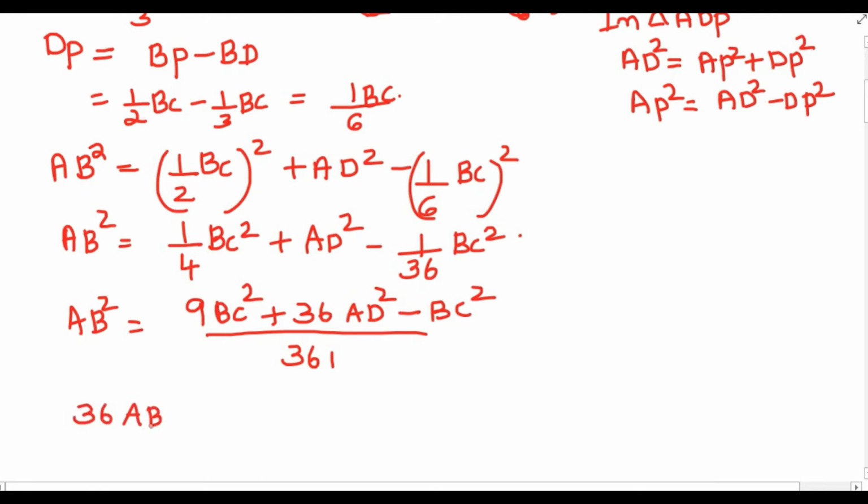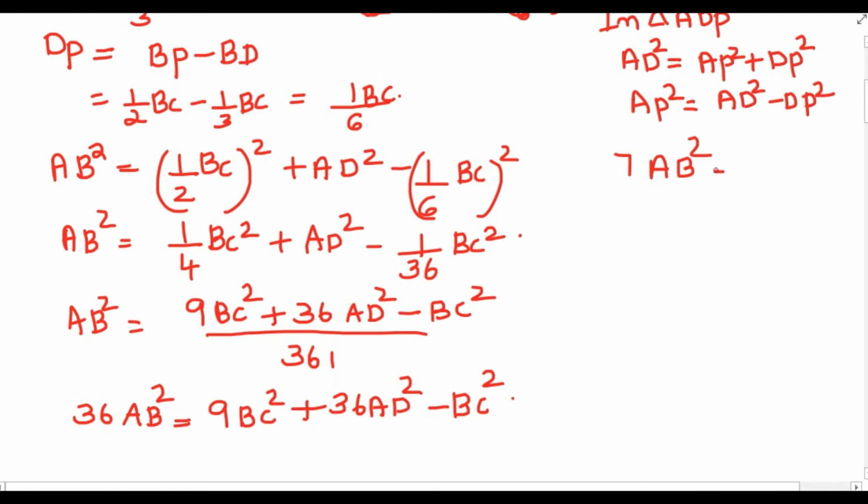36 AB square is equal to 9 BC square plus 36 AD square minus BC square. In the question we need to prove 7AB square and 9AD square, so we should have only AB and AD.